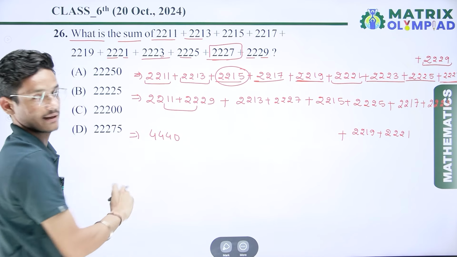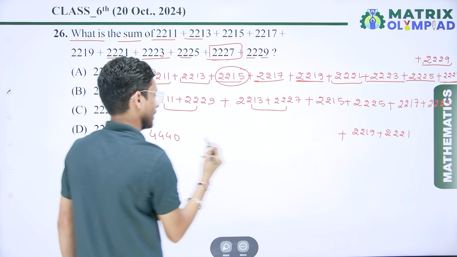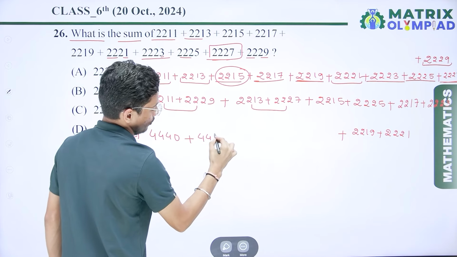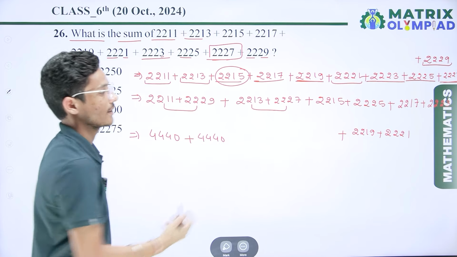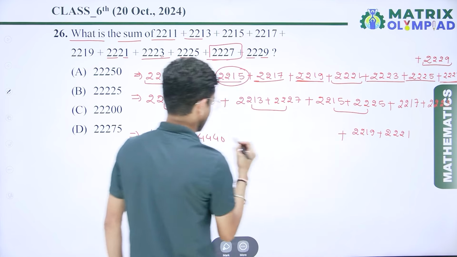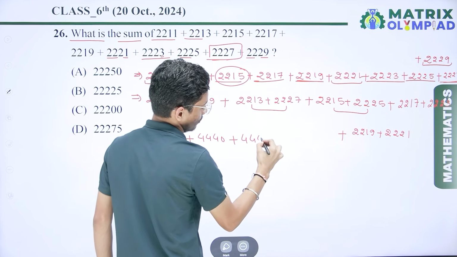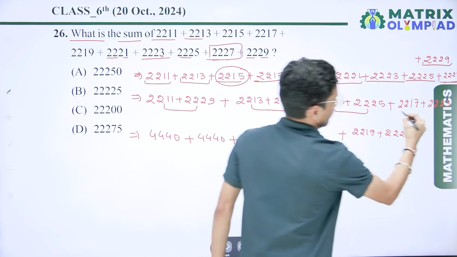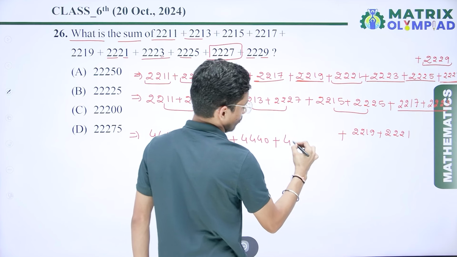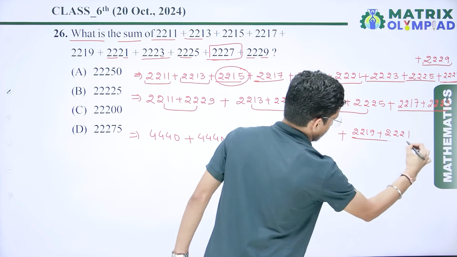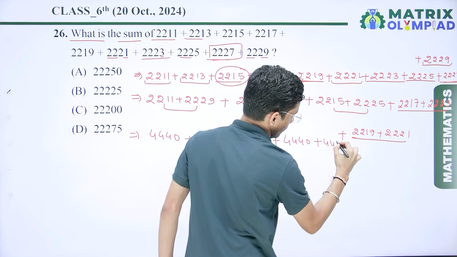So if we add the first two numbers, I get 4440. If we add again two numbers, again I get 4440. If we add again two numbers, again I get 4440. Again if we add two numbers, here I get 4440, and last again we get 4440.